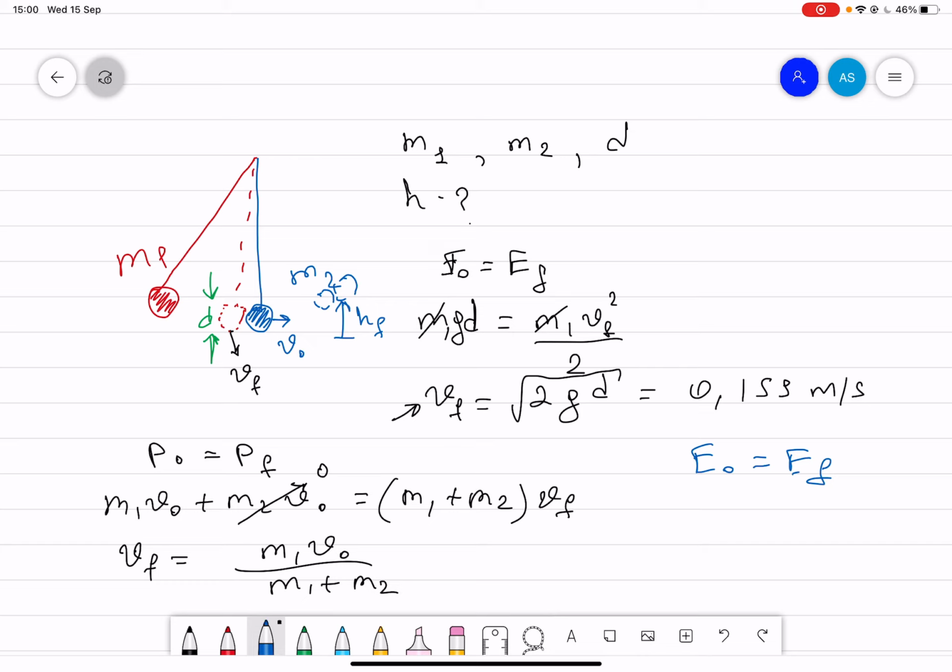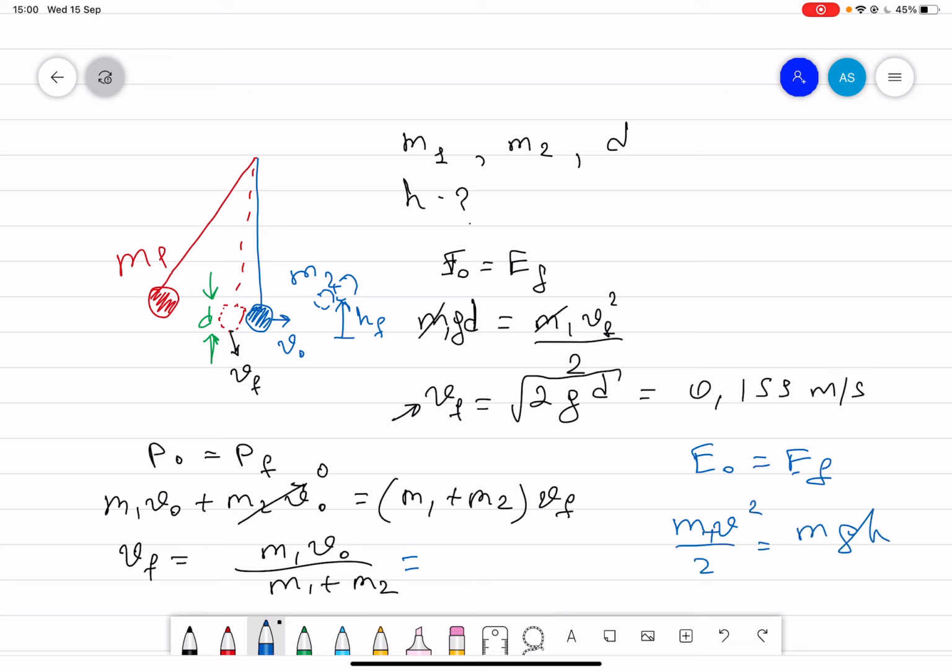In this case, when you do this calculation with this V final, we have M V squared over 2 is equal to M g h.